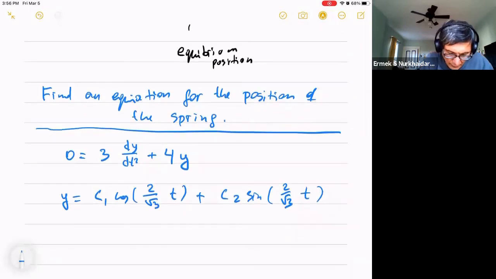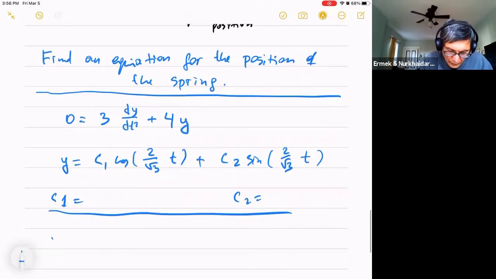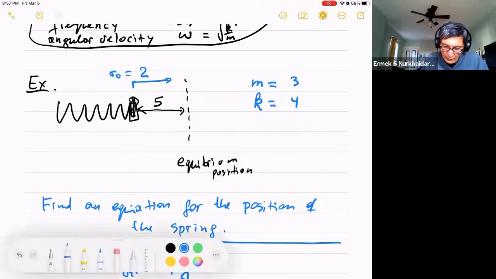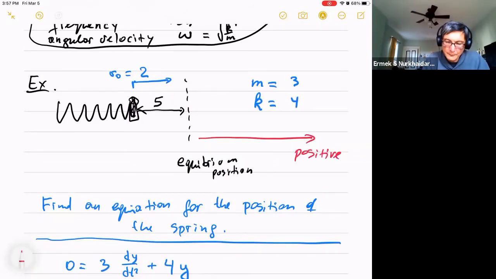Now we're going to rewrite it, I guess before we do that, let's find C1 and let's find C2. To find C1 and C2, we need to look at the initial position and initial velocity. I will assume that the positive direction is to the right. Then y of 0 equals -5, and y prime of 0 equals 2.